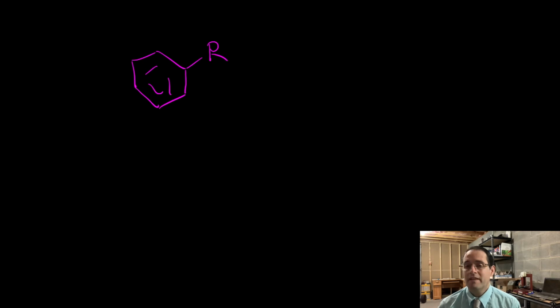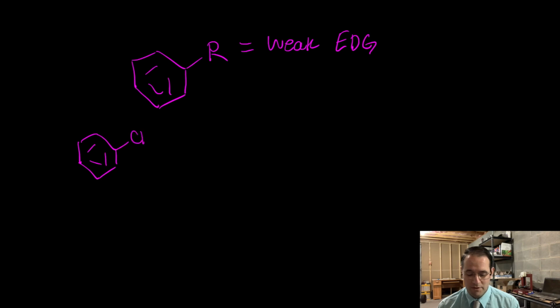So if you have an aromatic ring like so, and you have an R group, that is a very weak electron donating group, okay? So things like a methyl group or an ethyl group are going to be very weakly electron donating. The reasoning for that, again with the carbocations, is that an sp2 hybridized carbon is slightly more electronegative than an sp3 hybridized carbon.